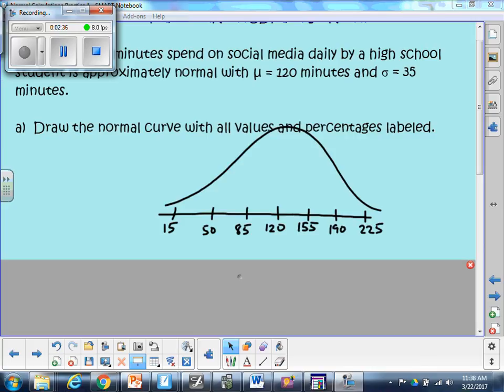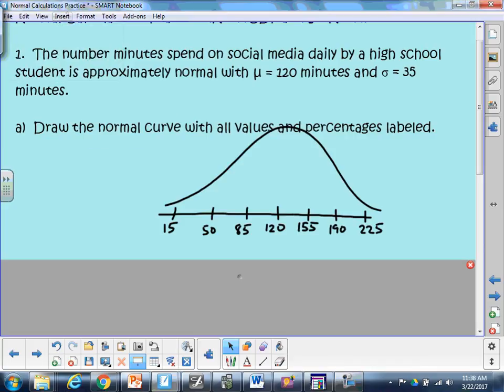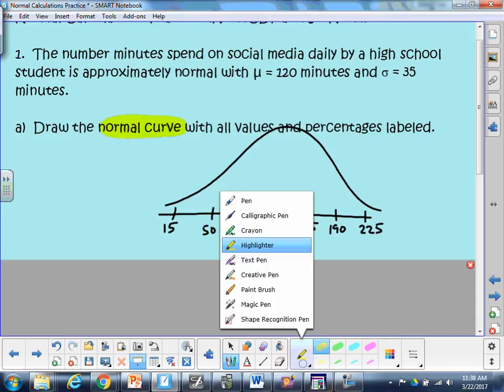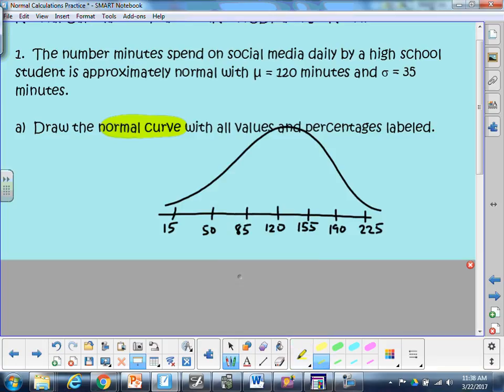Then there are also some percentages. As soon as you are given the fact, or you see the word normal in a problem, that's your key that these percentages I'm about to show you are always going to be the same. The curve gets divided up into intervals, using the standard deviations as the width of the intervals.